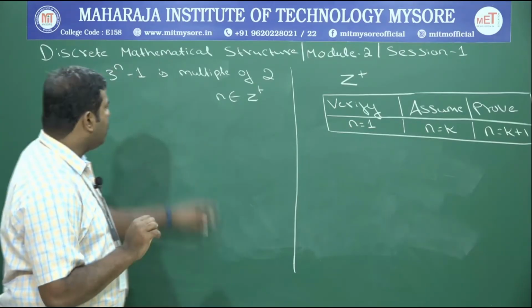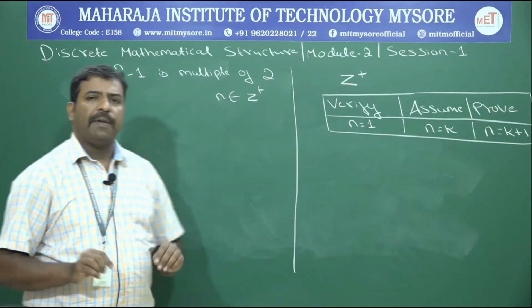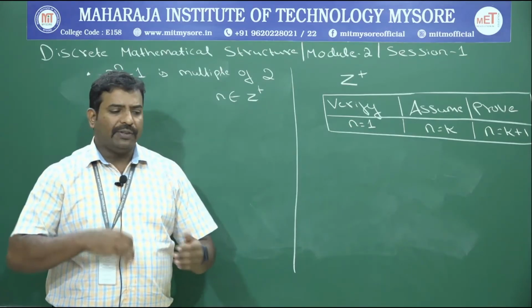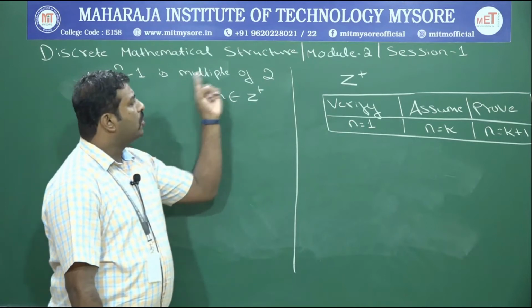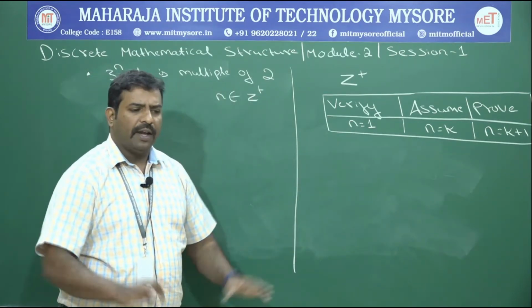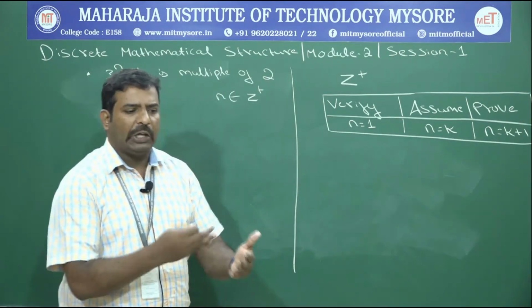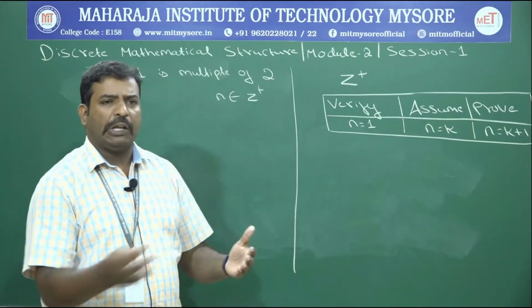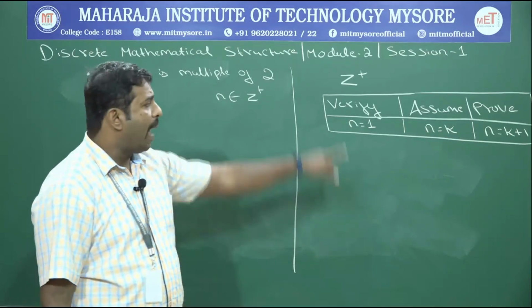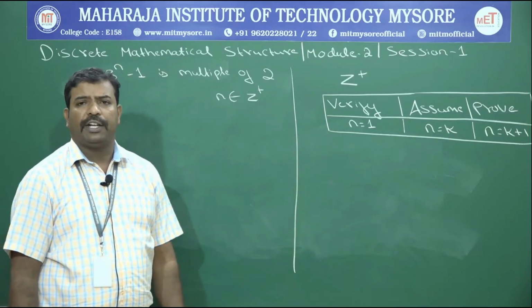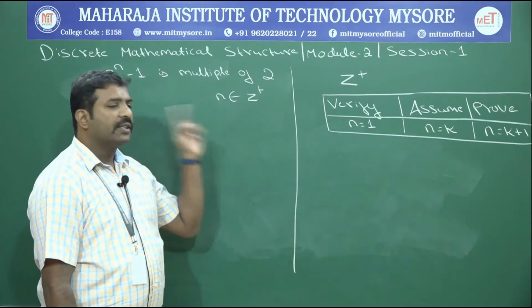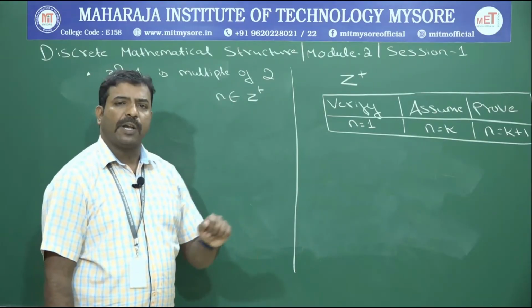Fine. So now n can be any integer number. Now this number should be proved to hold good for the statement, which is a multiple of 2. Hence I cannot pick every number, n equals 1, n equals 10, n equals 100. I cannot do this. Hence I am going to use mathematical induction, the 3 steps of mathematical induction, to prove that the statement holds good.